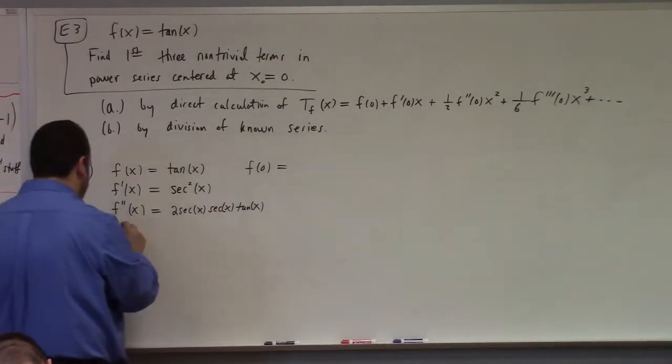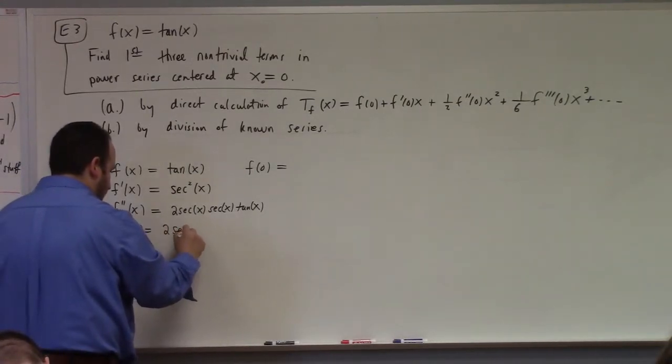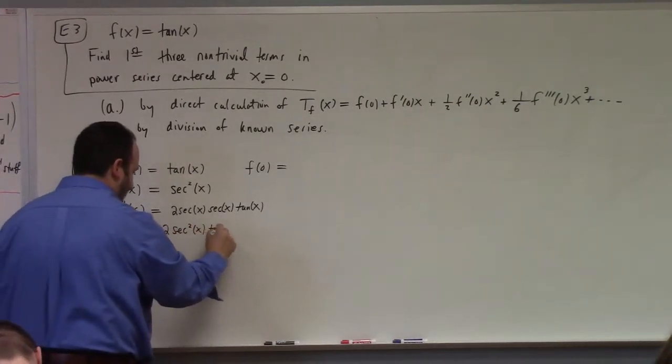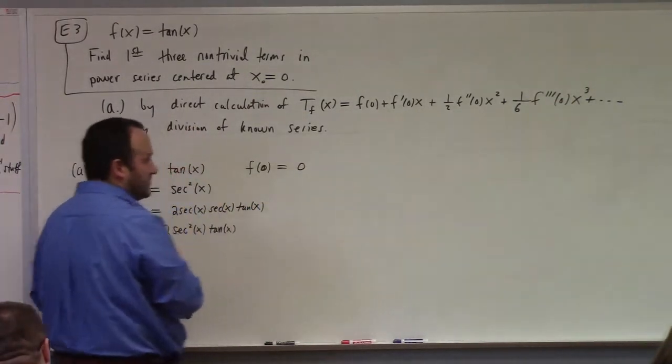Let me clean that up a bit. What's f prime prime of x? 2 secant squared x tangent x, right? F of 0 is 0.